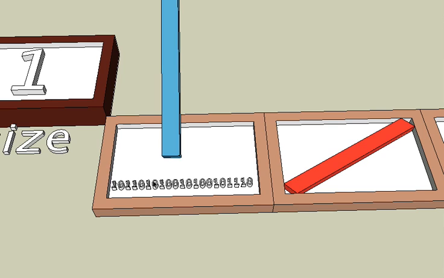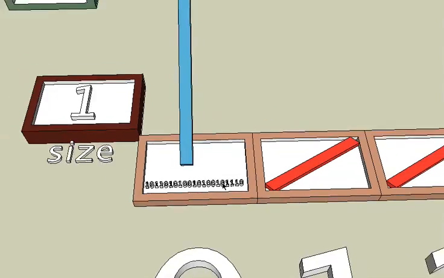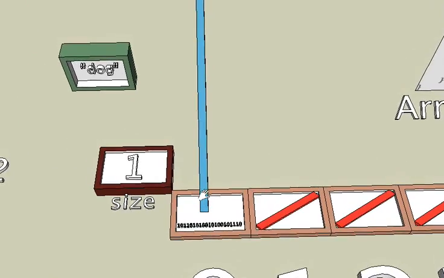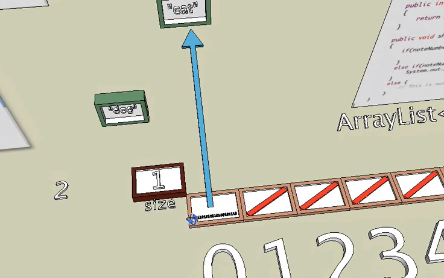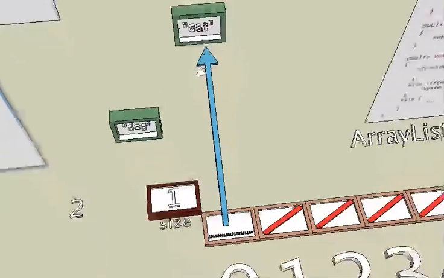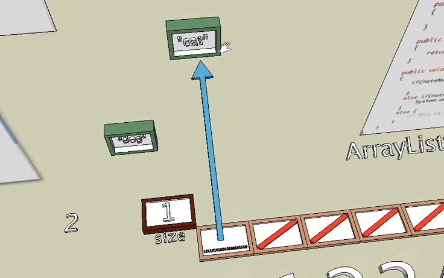We don't particularly need to worry about where that is, just that if an element of an array list has a reference to an object, what it really has is the address of that object, where that object is in memory. Now, for convenience's sake, in your book and here, we represent that binary number address as an arrow. So this cell position points to an object. In this case, it's this cat string.